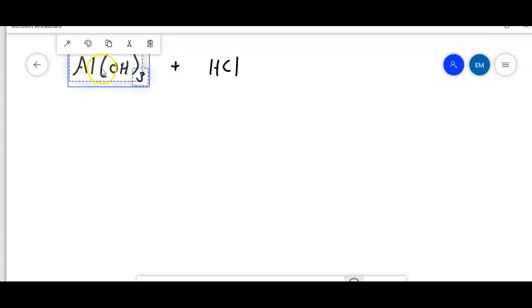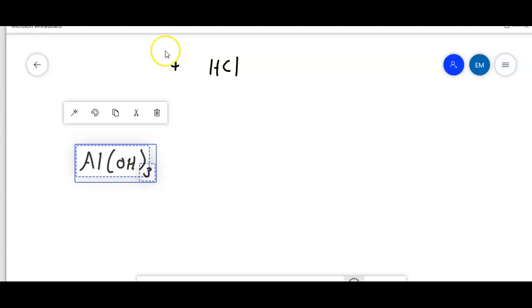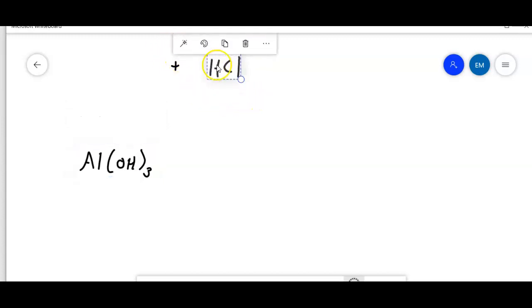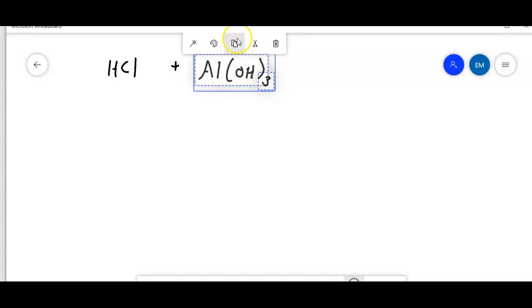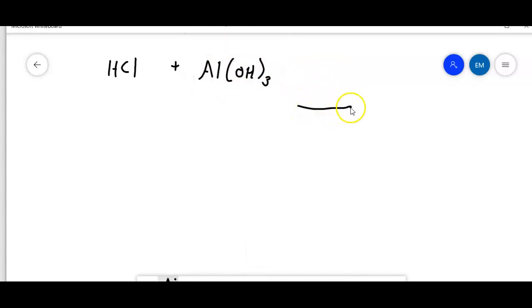Getting practice working with this whiteboard thing. Okay, this is the way the text is doing it. And that's going to give you aluminum chloride and water. Remember, this is an acid-base reaction.